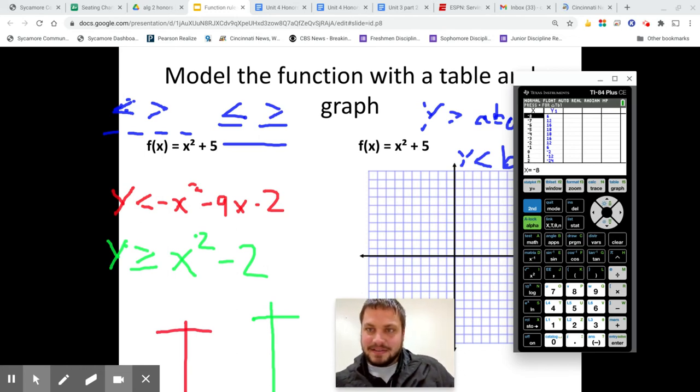I can see that here. I don't need the exact vertex, but I can tell it's between the x values of -4 and -5 because they're both 18. You can see the symmetry of that table. I'm going to copy that down.